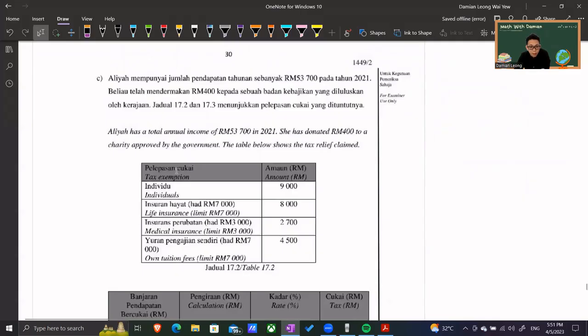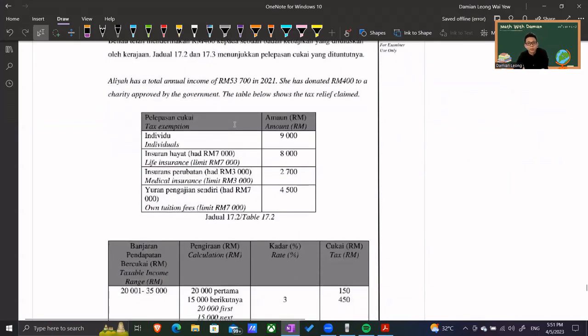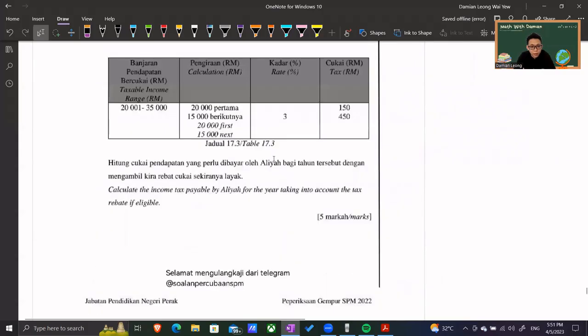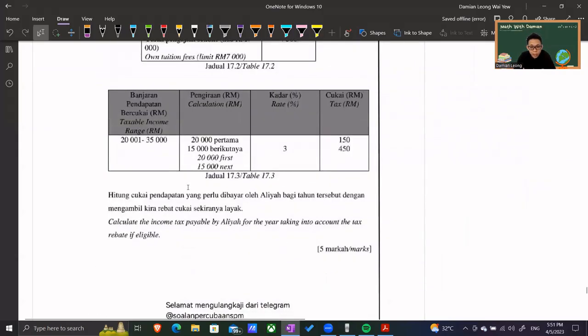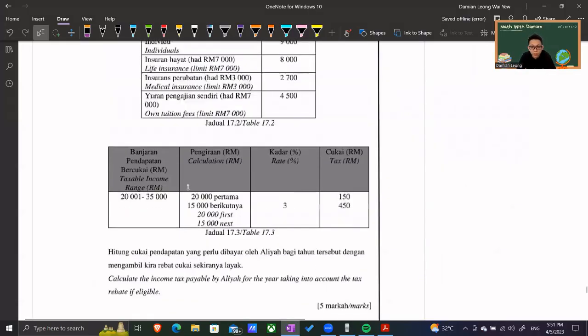Part C. Alia has total annual income 53,700. She donated 400 ringgit to a charity approved by government. Then here are all the tax relief. So I want the income tax payable by Alia for the year, taking into account the tax rebate if eligible.